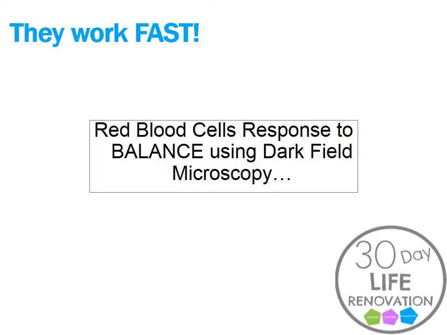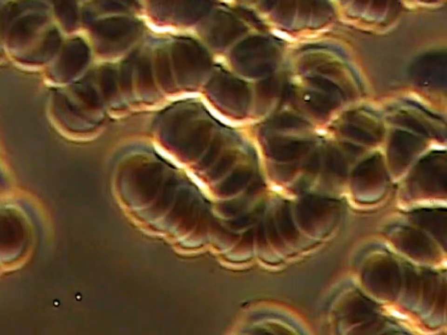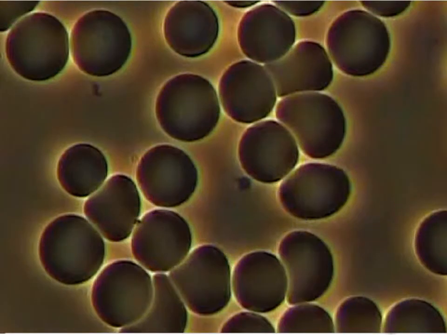And so here's what the blood cells looked like before the essential oil had been applied. And then immediately after, another picture was taken, and this is what the same cells looked like.